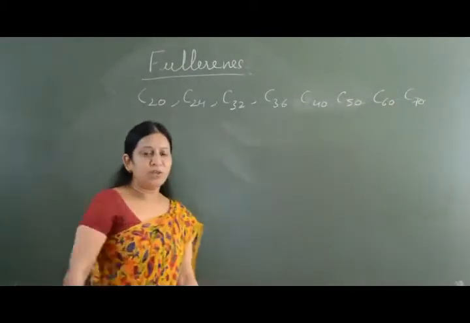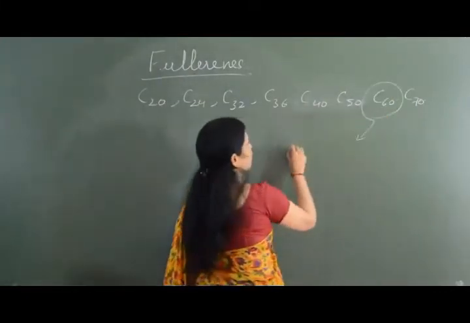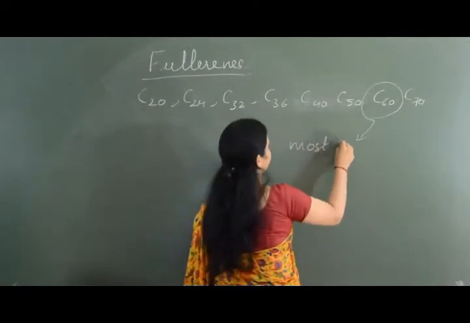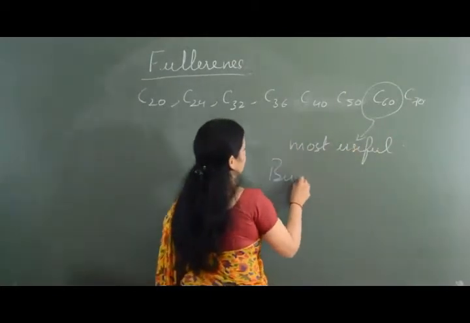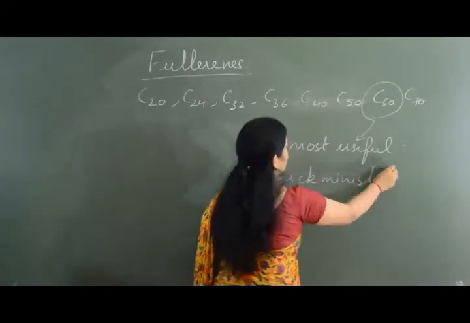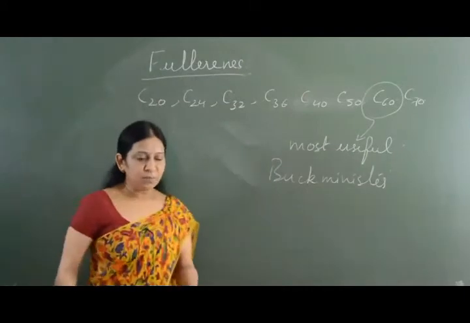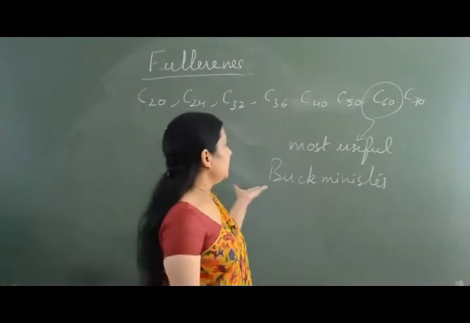These are some of the examples of fullerenes, out of which C60 is the most useful, and it is known as Buckminster.